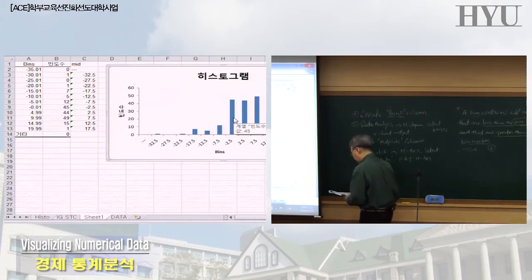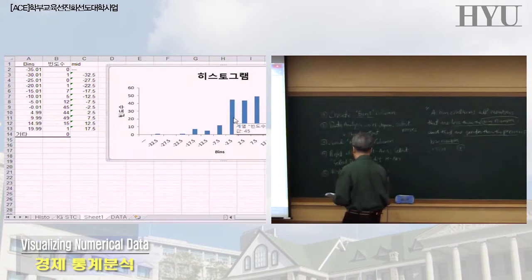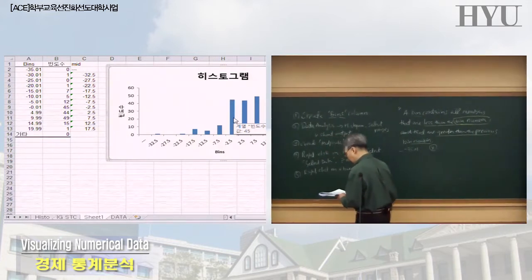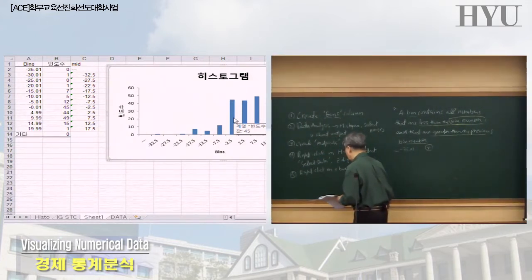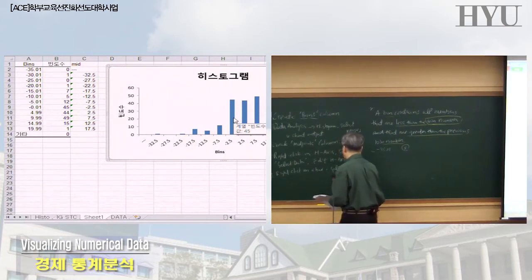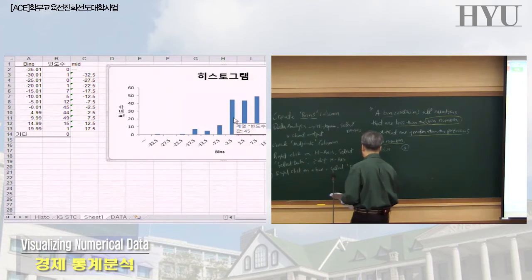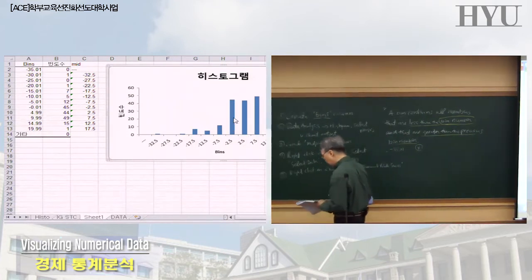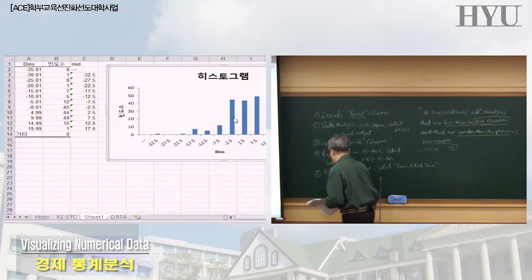Right click on a bar and select Format Data Series, and then eliminate the gap.